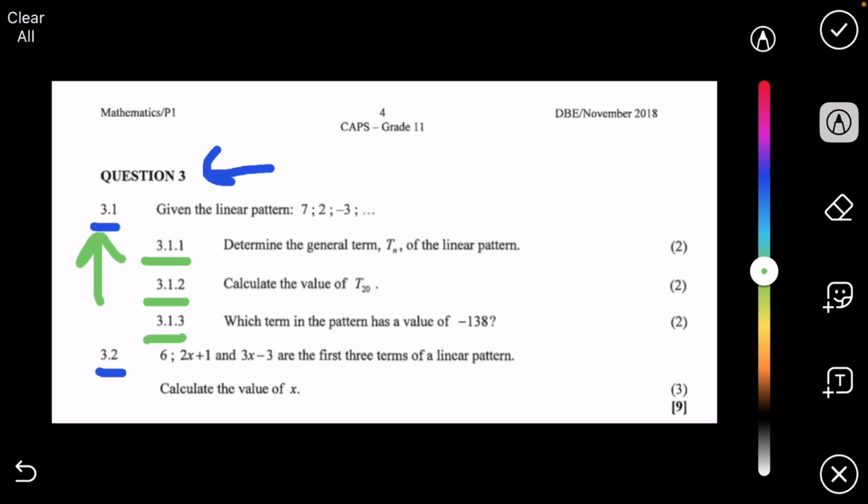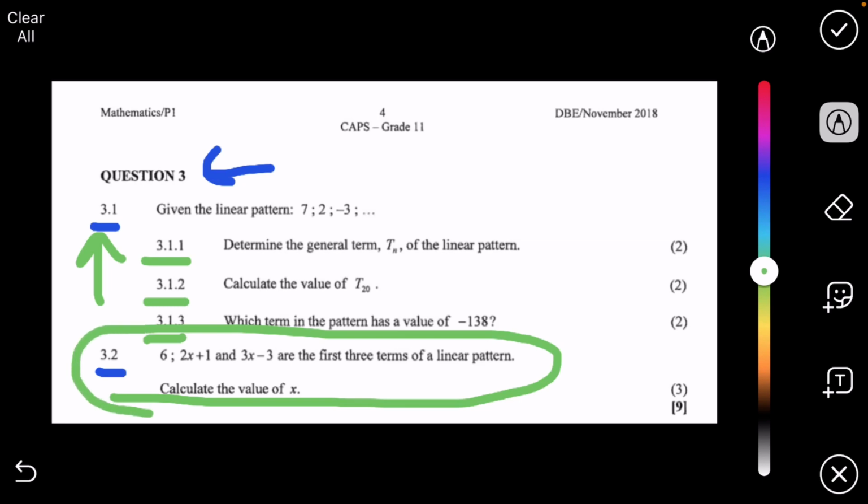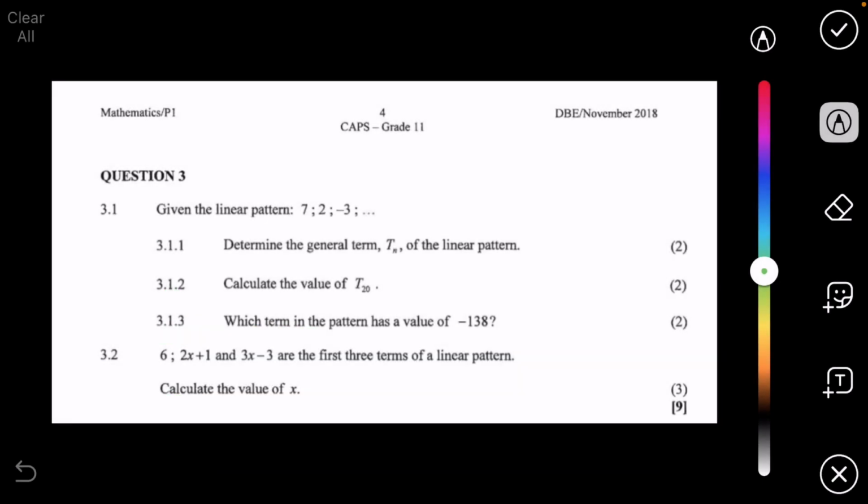For question 3.2, you might find that you do not need to rely on the information from 3.1 up until 3.1.3. So let's now start with our very first question.